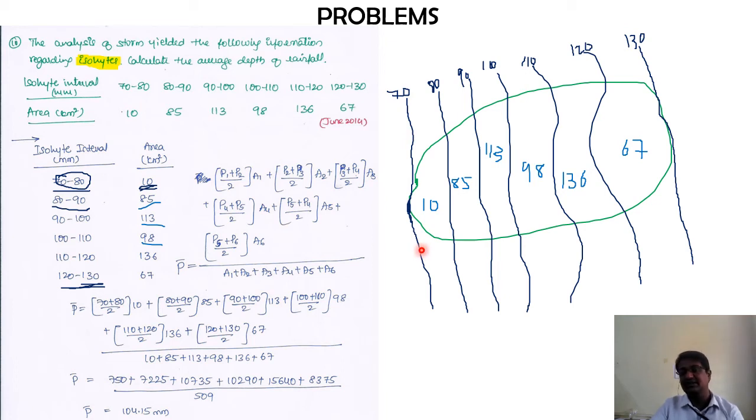Once we have these iso heights, we stop representing the rain gauge stations. I hope you got that. The basis for these iso heights is nothing but the rain gauge stations itself. So that's why I have not mentioned anything about the rain gauge station numbers or placements in this catchment area, neither have they given it in the question.